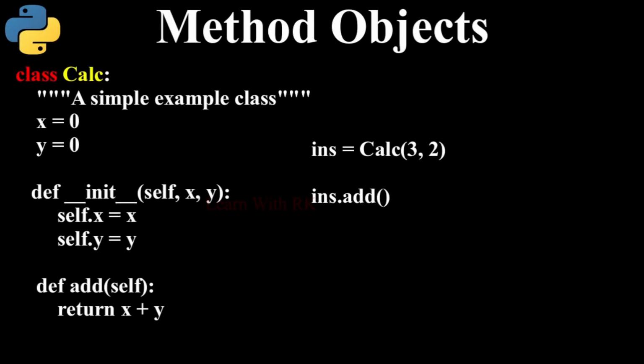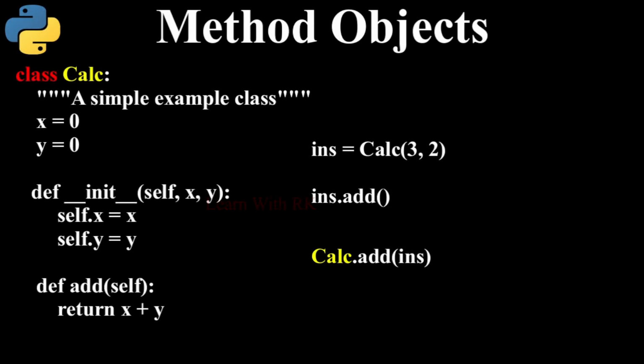For example, the ins.add method is the same as calling the method something like this, where you're calling the add function using the class name itself and passing the ins instance as the first argument.